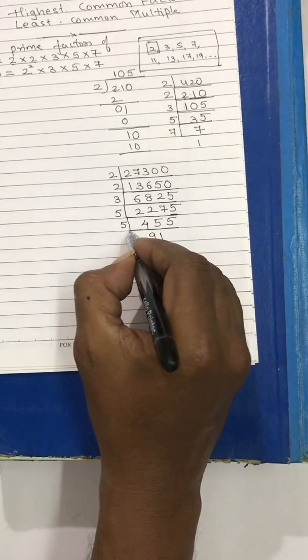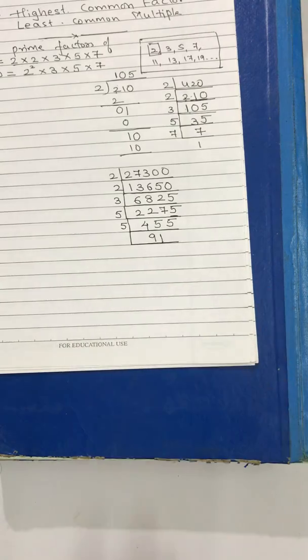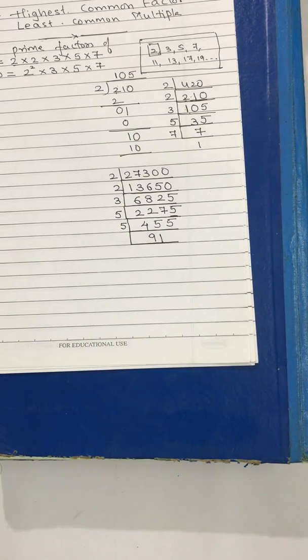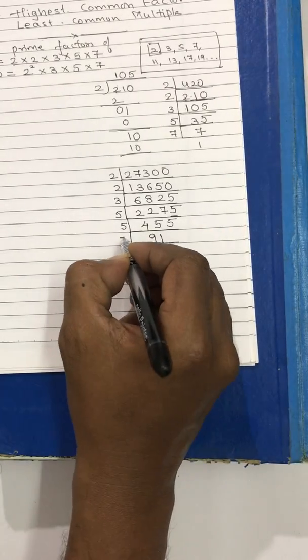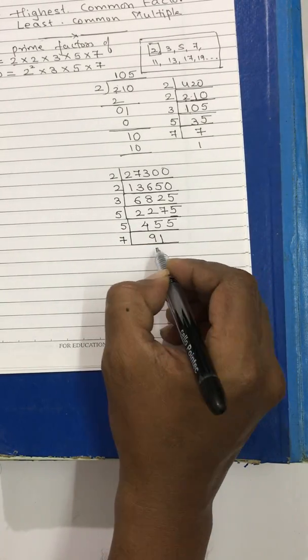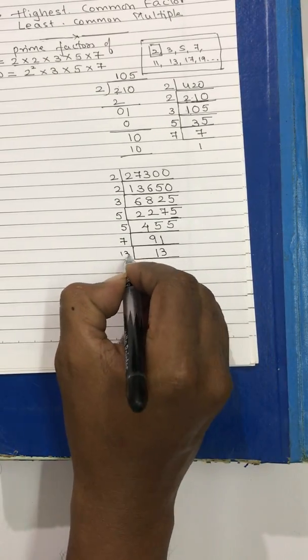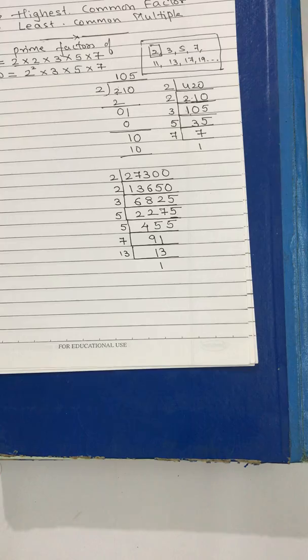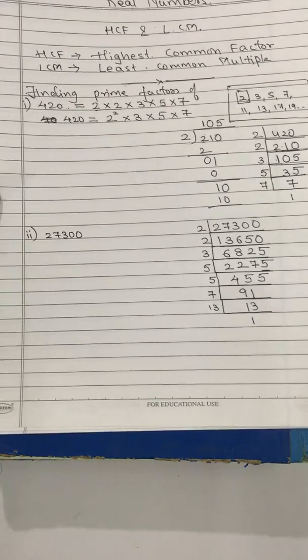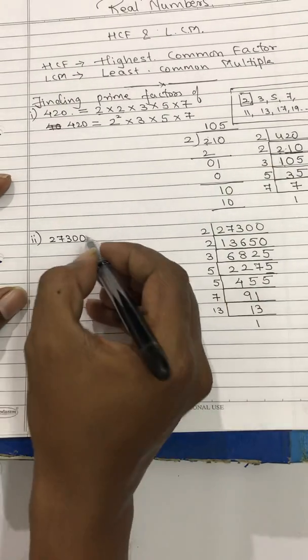Now from henceforth you will have to just know the tables and everything. 7, yes, 13 7s are 91. So this will be divisible by 7. 7 1s are 7, 7 3s are 21, and then this will be 13 1s are 13. So like this you will be able to factorize them.